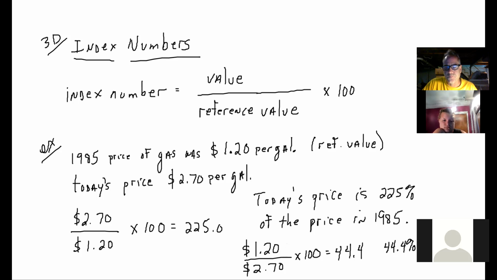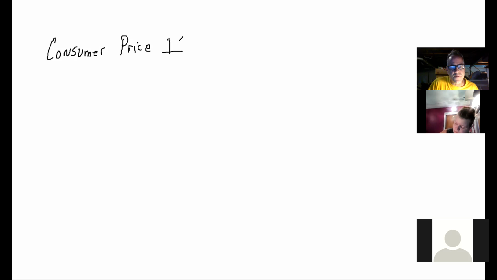Now, turn the page back to 2, and we're going to look at a very specific index number called the Consumer Price Index. All right, and what is this used for?